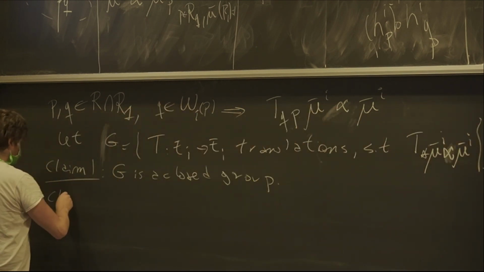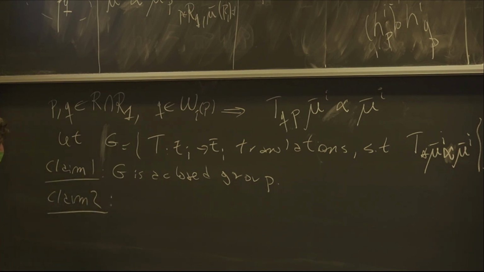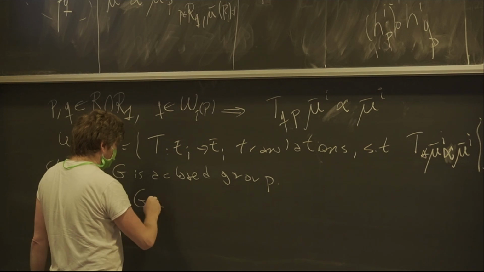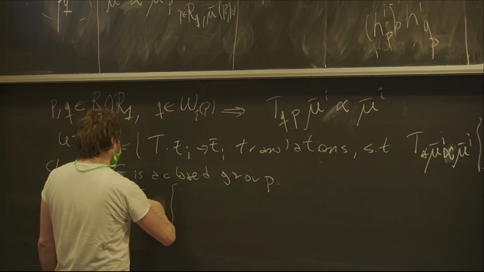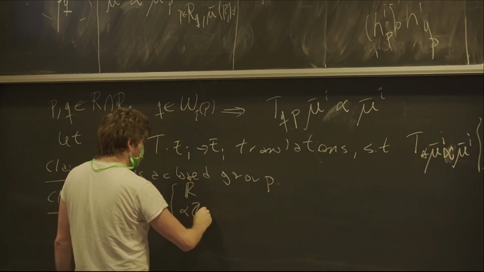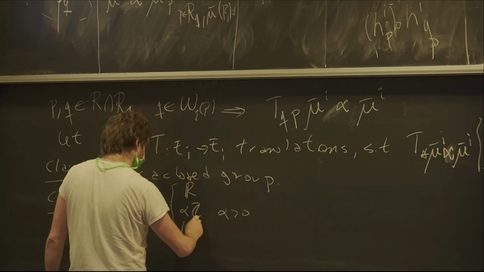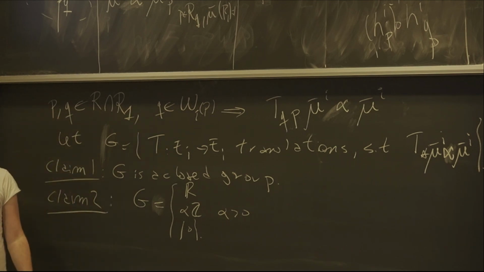Claim 2 is a universally known corollary of claim 1, which is G is equal to, or isomorphic, well, equal to R alpha times Z for some alpha positive or 0. So these are the closed subgroups of the reals.